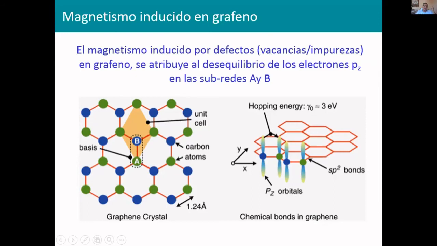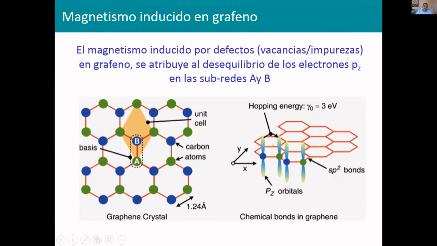Here are the green balls and the blue balls. We call them the A lattice and the B lattice. So the structure of graphene can be reproduced using these bases, these two carbon atoms, and producing all the hexagons.